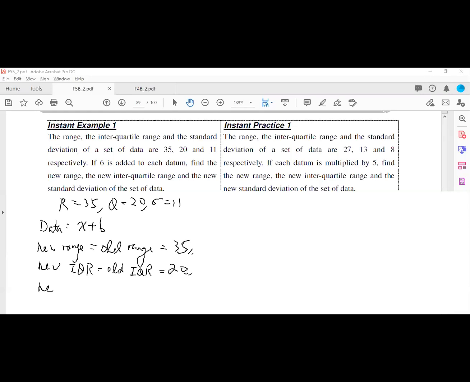And the new standard deviation is equal to the old standard deviation, which is equal to 11. That is the answer. It's okay?